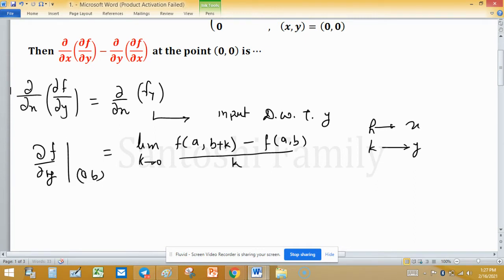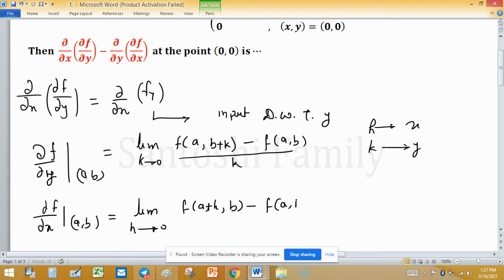But we need to find the partial with respect to x of this one. So the partial of f with respect to x at the point (a, b) can be written as limit h tends to 0 of f of a plus h comma b minus the value at the point f(a, b), divided by h.